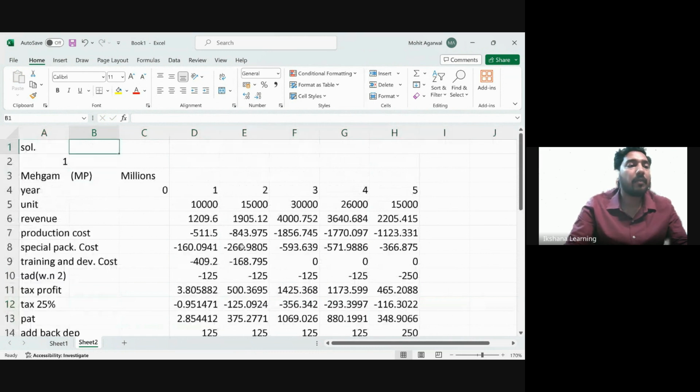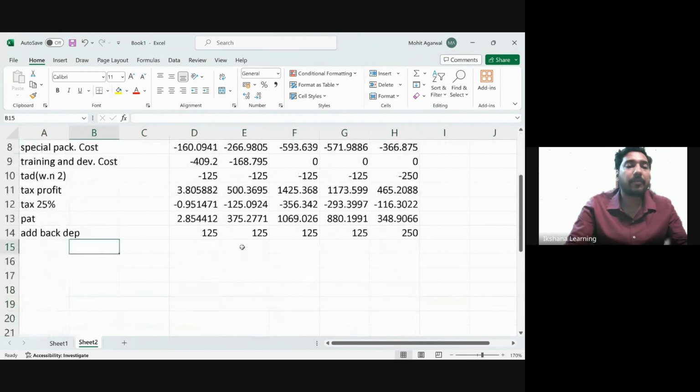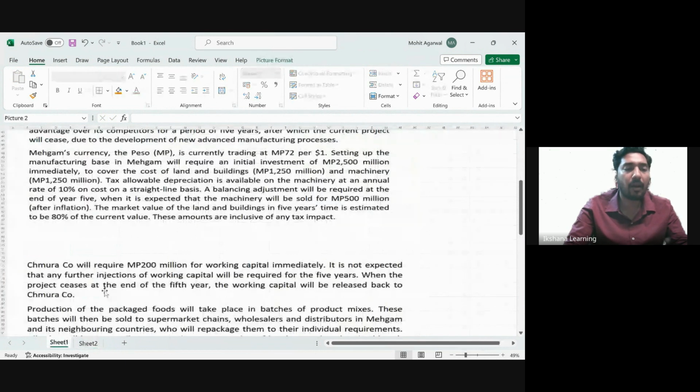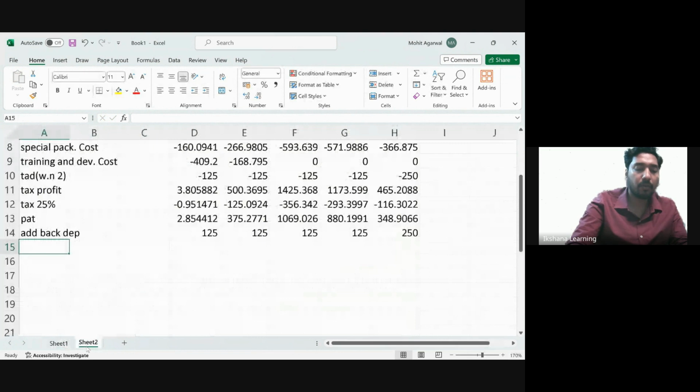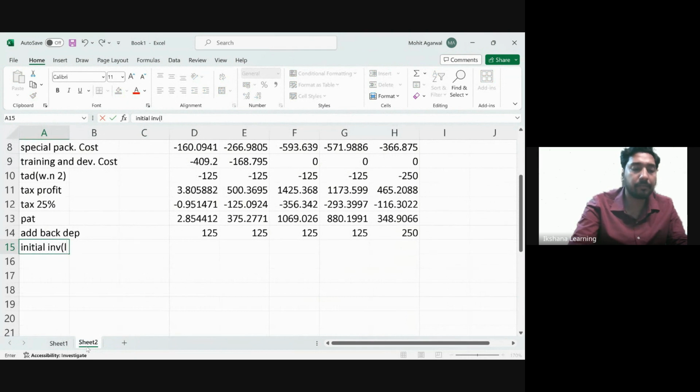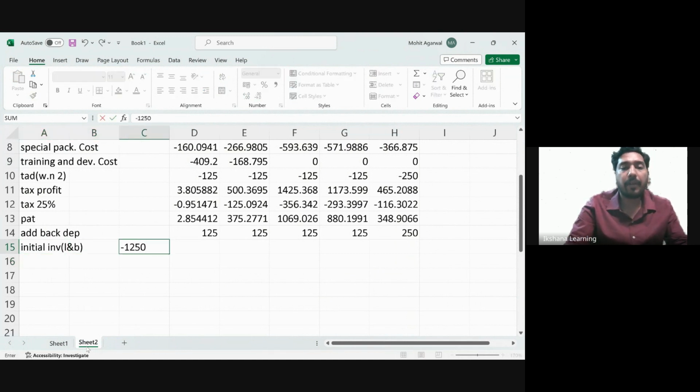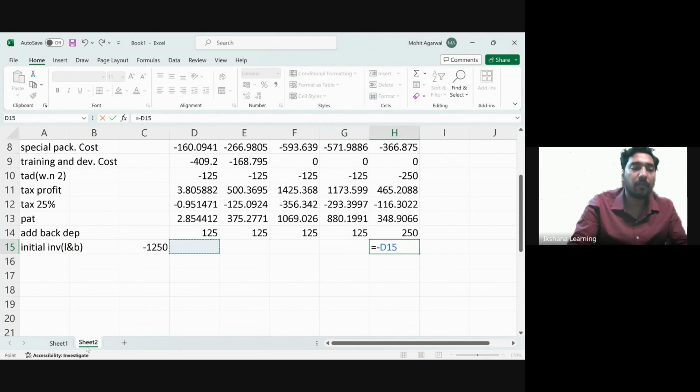Now what we will do, after adding back depreciation, now let's do the adjustment of other cash flows. I think now only working capital and initial investments are left. So initial investment, land and building. So there's a negative outflow of 1250. And finally, they are saying 80% of this value will be inflows.